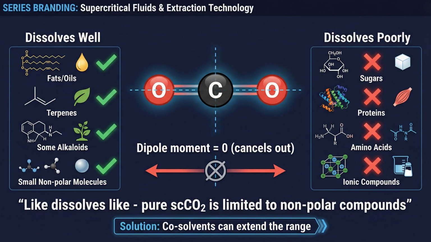There's one important limitation to understand. Carbon dioxide is a nonpolar molecule. Looking at its linear structure, the carbon-oxygen bonds do have polarity, but the symmetrical arrangement means the dipole moments cancel out completely. The result is zero net dipole moment.